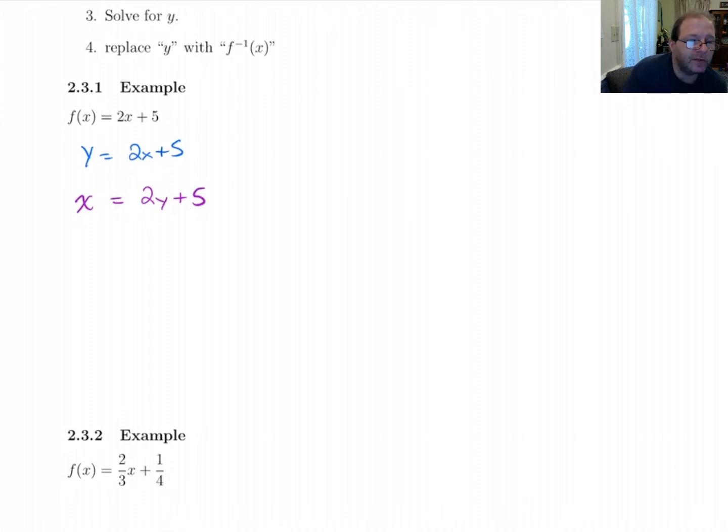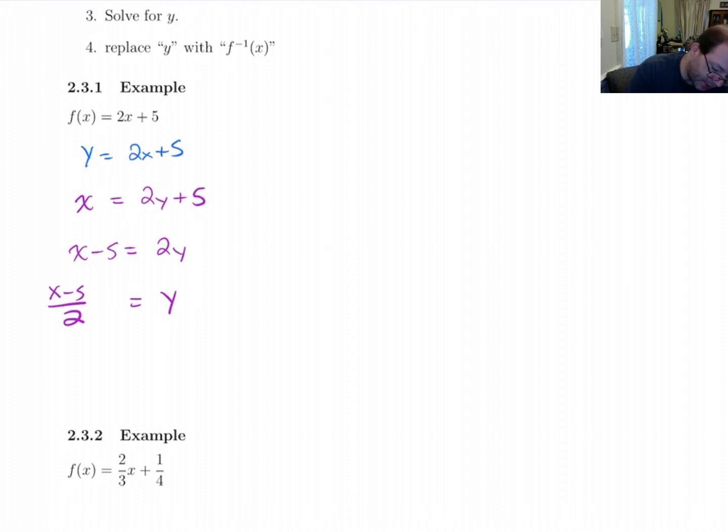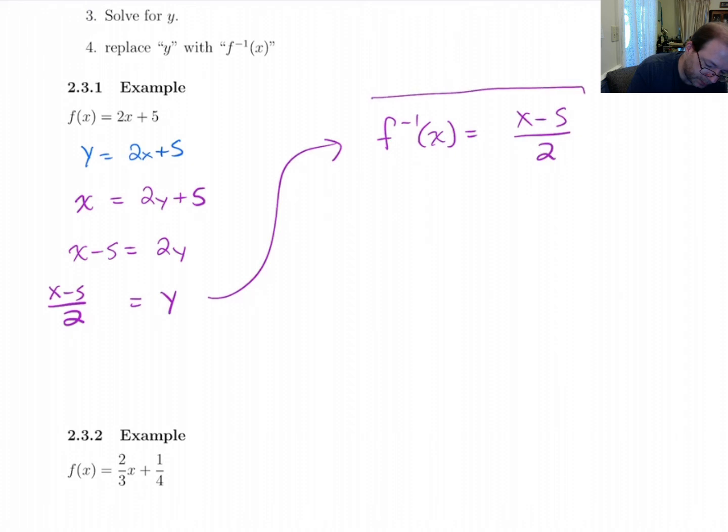So you solve this for y: x minus 5 is 2y. Divide both sides by 2, so you get y equals x minus 5 over 2. And then the last step is replace y with f inverse. So f inverse of x is x minus 5 over 2. And that's it.